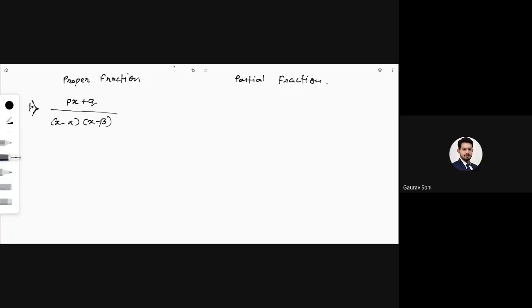Okay, so you multiply this. Even if the form is like this, if I multiply this, what I will get is x square minus beta x minus alpha x plus alpha beta. If you multiply the denominator, this is what you get, which is actually x square minus alpha plus beta into x plus alpha beta. Now you see the degree of this.